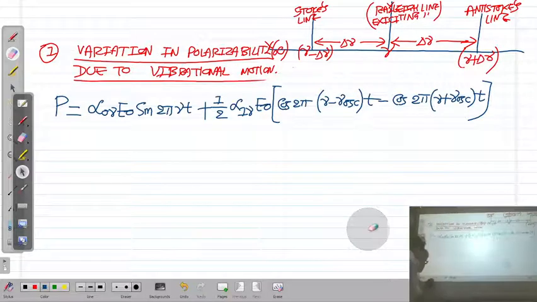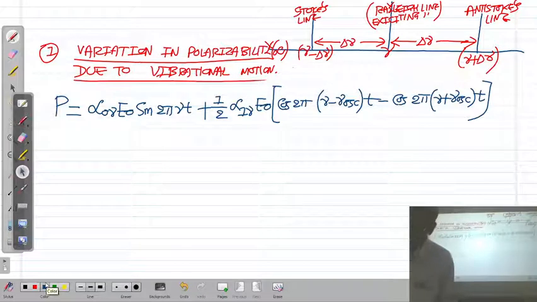Now this equation says that we get the vibrational lines.